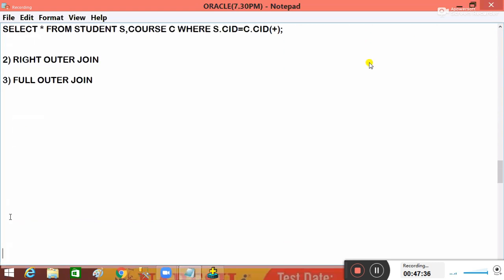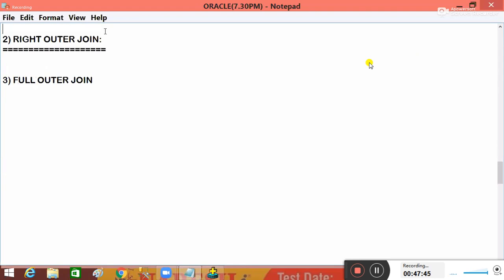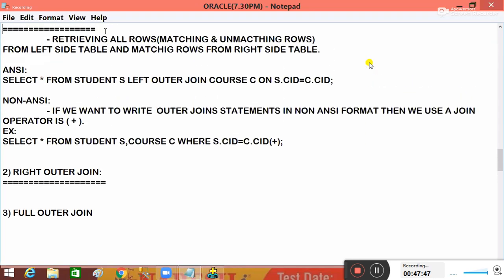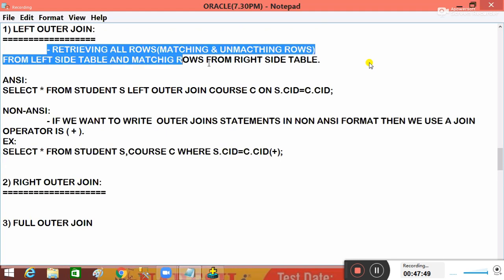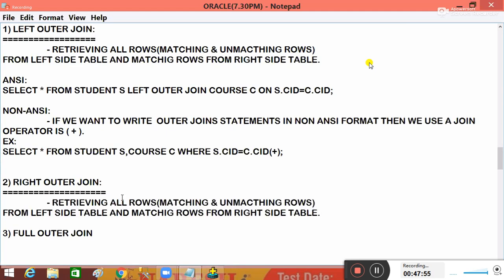Same to same when we come to the right outer join. What does the right outer join tell us? The definition is the same, but with a little bit of change. I will take this definition as it is: retrieving all rows, that means matching and unmatching rows, from the right side table, and matching rows from the left side table.